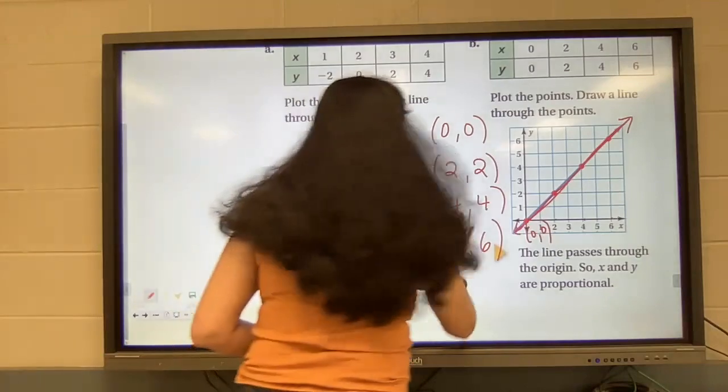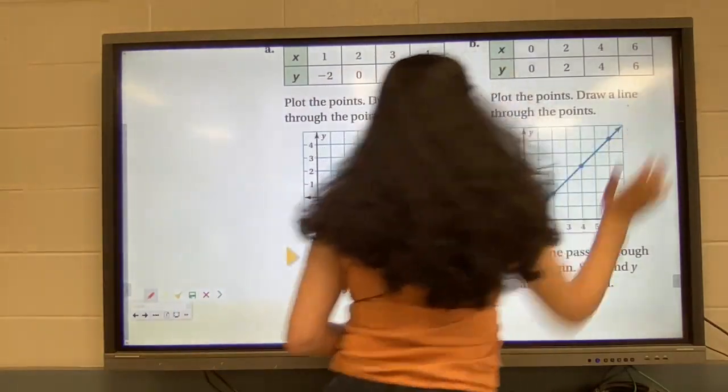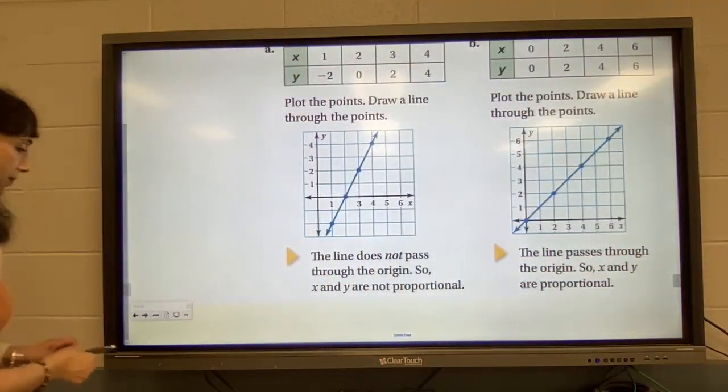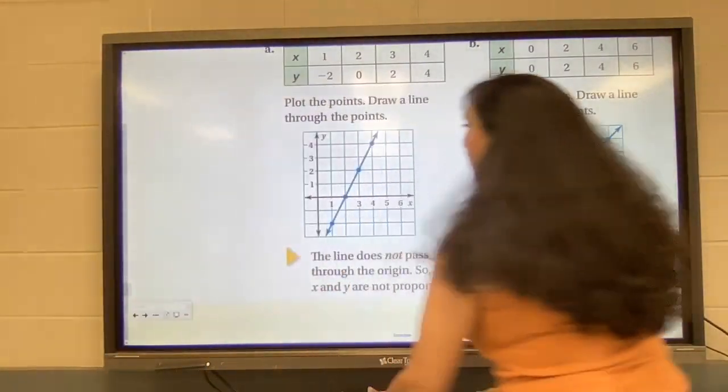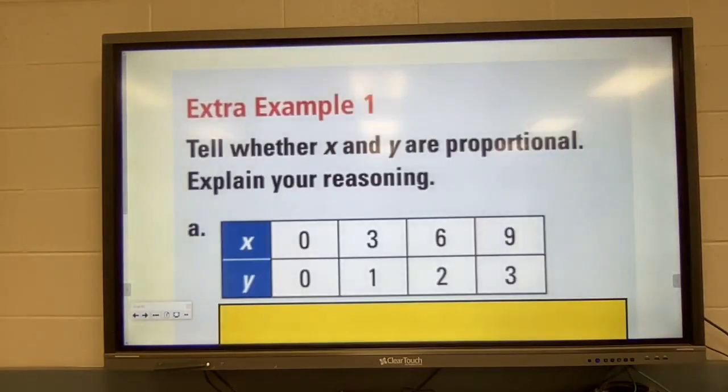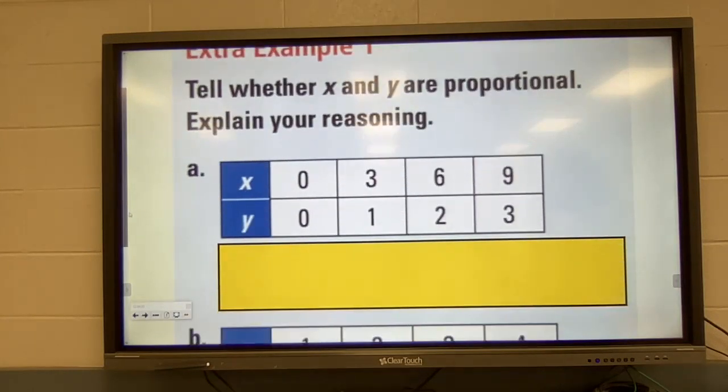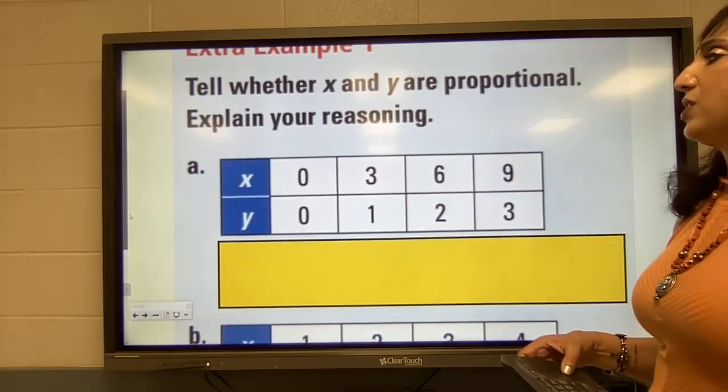Let's look at this one. Again, if I have the table, here is another way to look at the table and see if it's proportional.